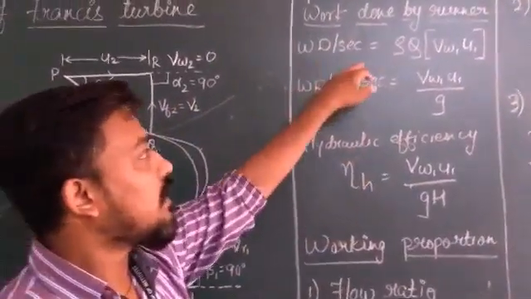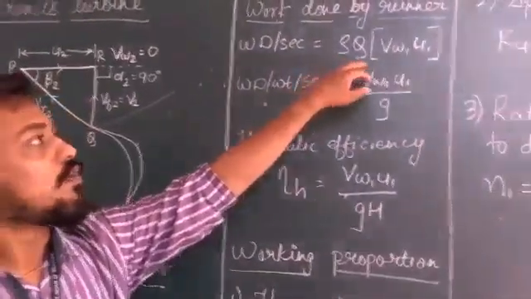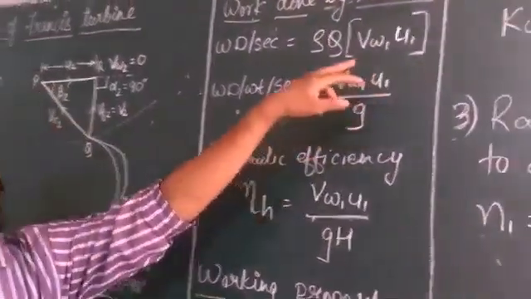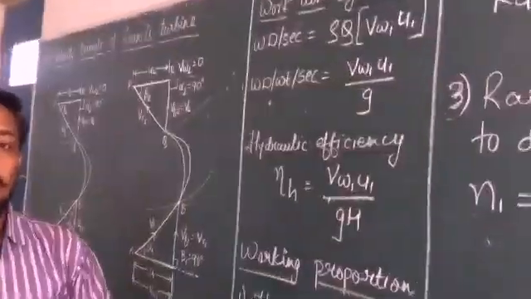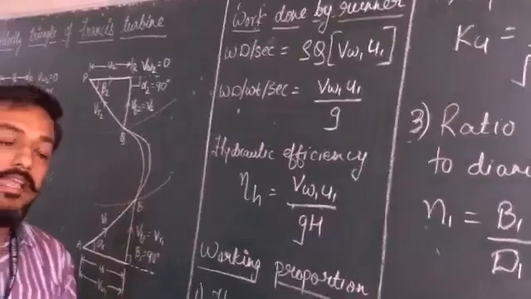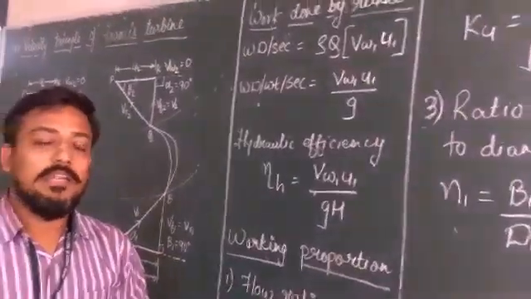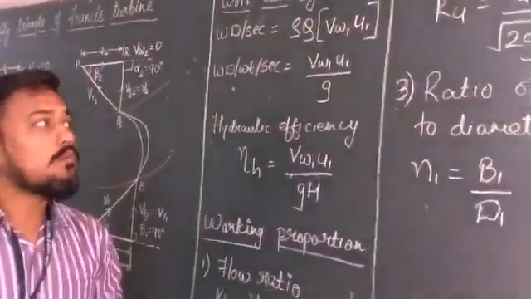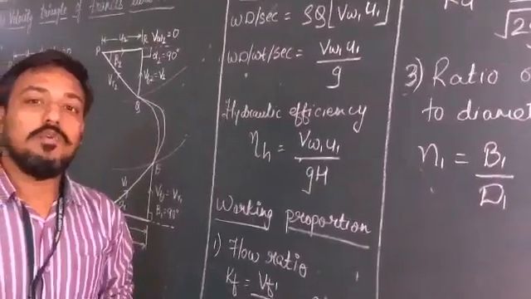Okay, see the work done by the runner. Work done per second, I have written the equation: rho q VW1 U1. Now how does this equation come? We know the relation of work done for the jet acting tangentially at the tip of the blade, that is rho q (VW1 U1 plus or minus VW2 U2).